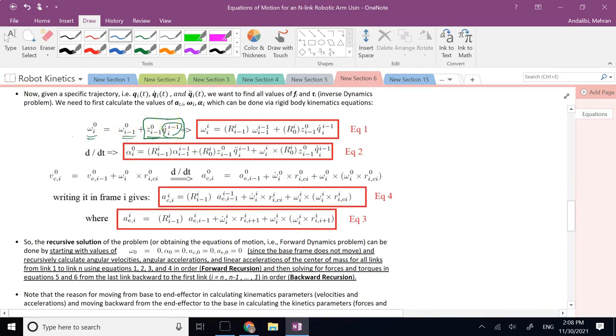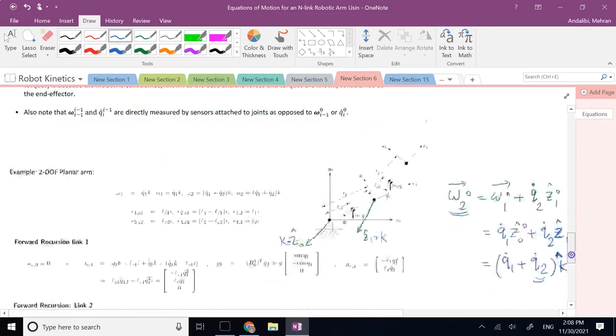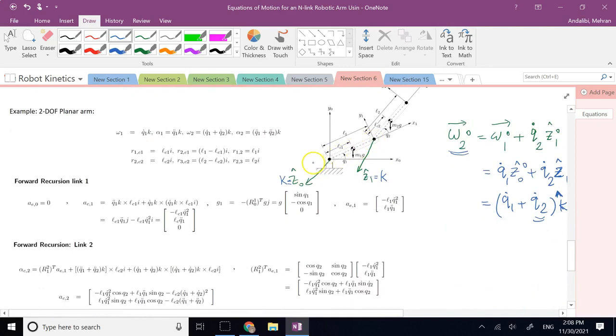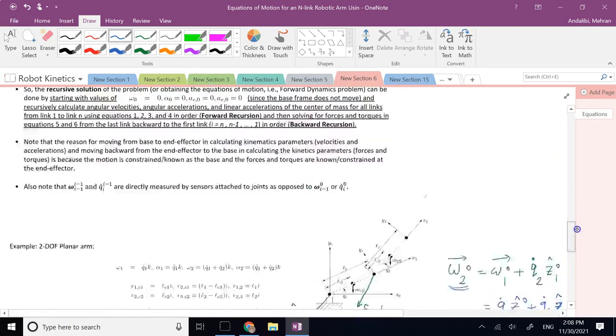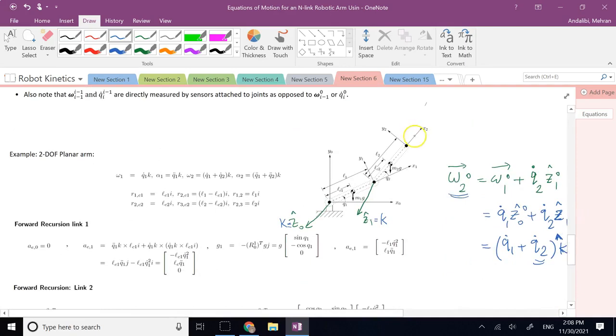Now, as I said, the bad thing about it is that in many applications, these quantities cannot be easily directly measured. In this case, we were lucky because the previous link was directly attached to the base. But if I had one extra link here and I wanted to do something similar, say omega of 3 with respect to 0 is omega of 2 with respect to 0 plus q3 dot times z of 2 in 0.